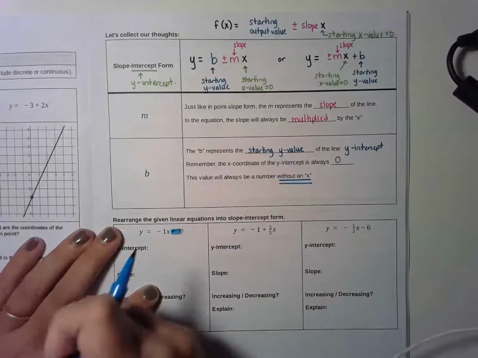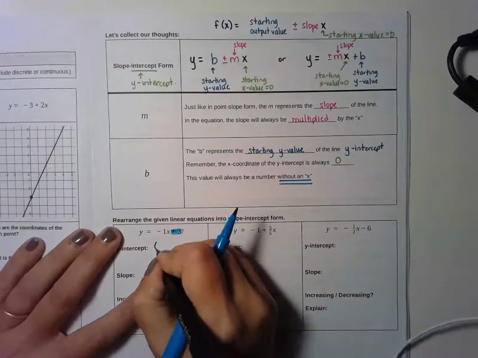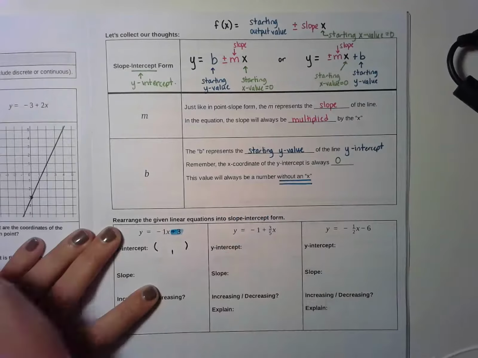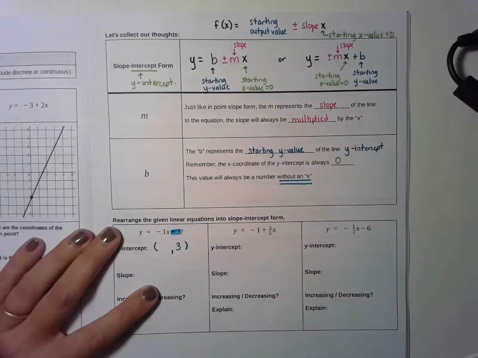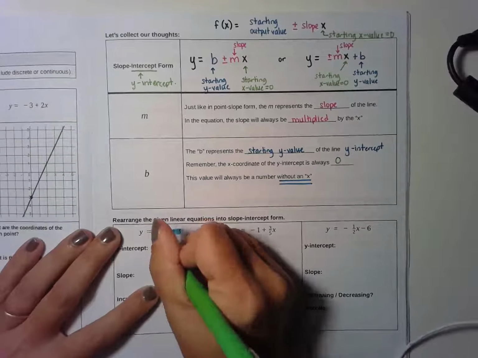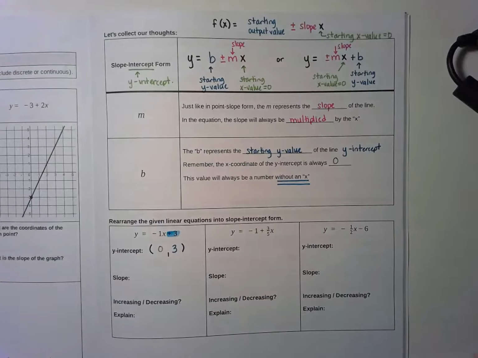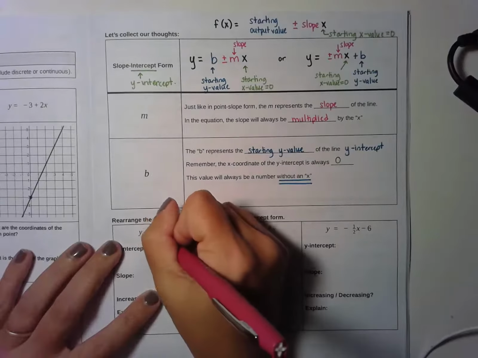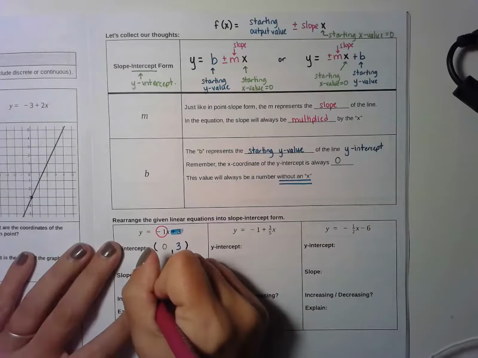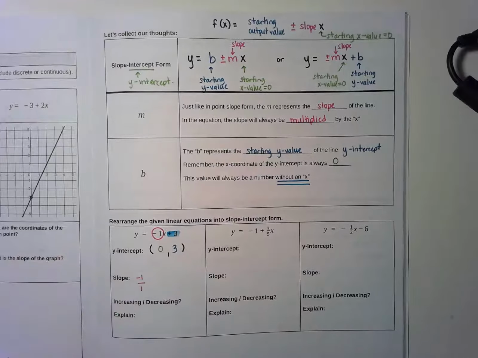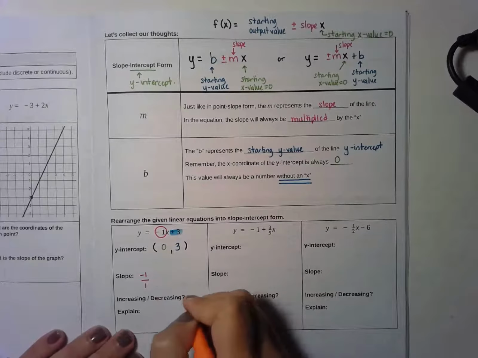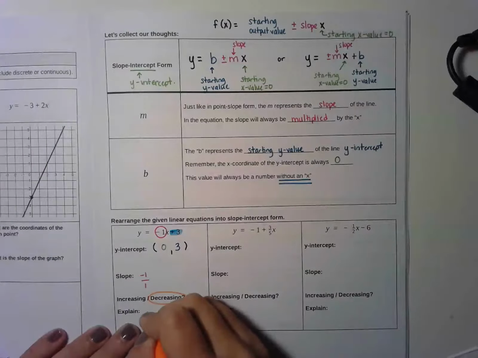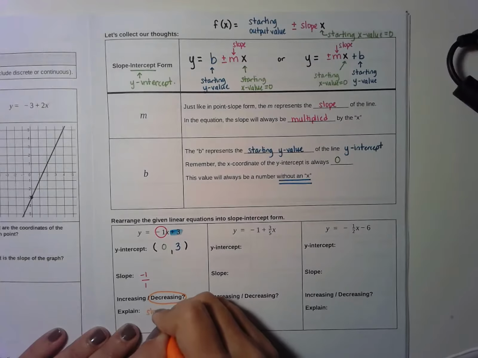It's not multiplied by the x. And so the y-intercept would be the point (0, 3), because the starting x value would always just be 0. The slope is going to be the number that's multiplied by x. In this case, that would be -1, and as always, I can write divided by 1 to make it look like a fraction so that I can easily see rise over run. This would be a decreasing function because the slope is negative.